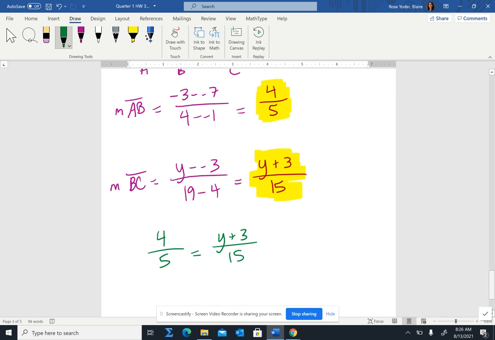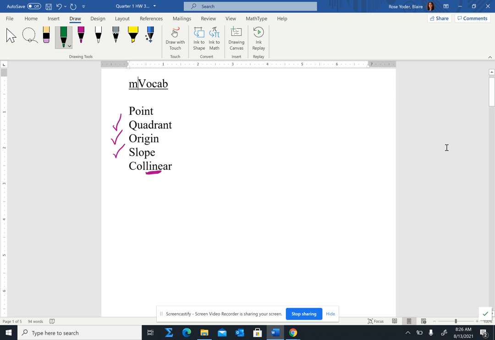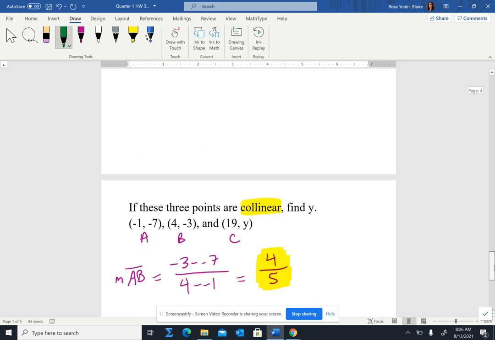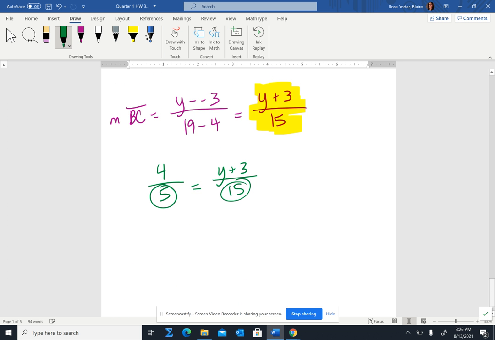But what I noticed is that there's a 15 in the denominator of this fraction and a 5 in the denominator of this one. So I thought, why don't I just make those equivalent? Remember, with fractions, you can multiply the numerator and the denominator by the same number, and it stays equivalent to what you started with. So that turns that fraction into 12/15.